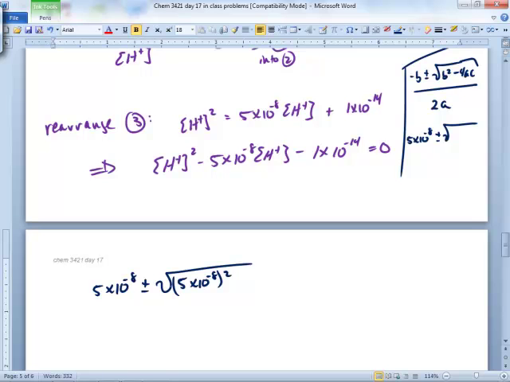Well, it's supposed to be negative, but you square it, so minus 4a c, where c is a negative 1 times 10 to negative 14.